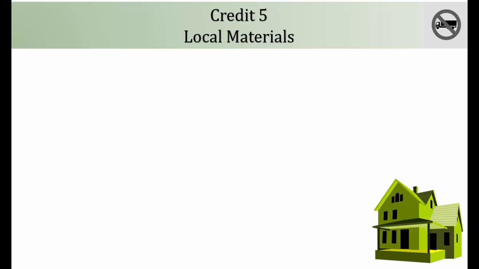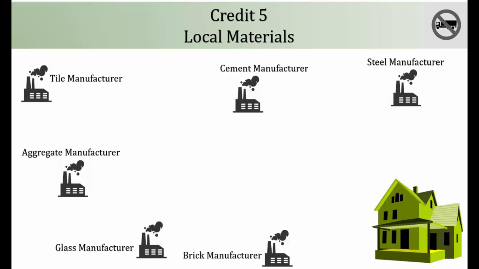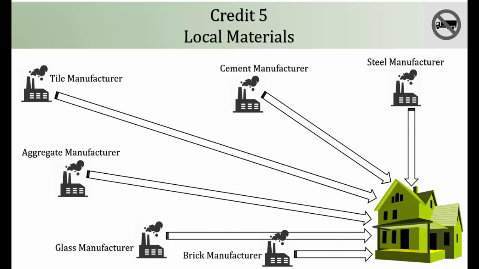Building materials like cement, steel, tiles, aggregate, bricks, etc. should be manufactured within 400 km from the building entrance. Locally manufactured material minimizes the associated environmental impact resulting from transportation. The total cost of material manufactured locally should be 25% or 50% of the total material cost to obtain 1 or 2 points respectively. In our project, the result comes to more than 50%. Hence we have taken 2 points under this credit.